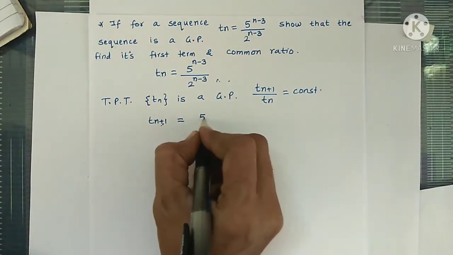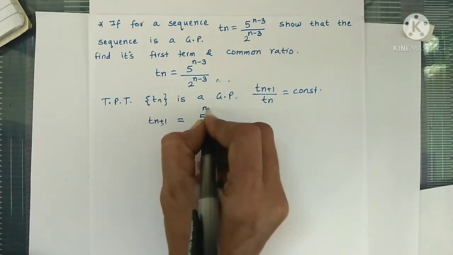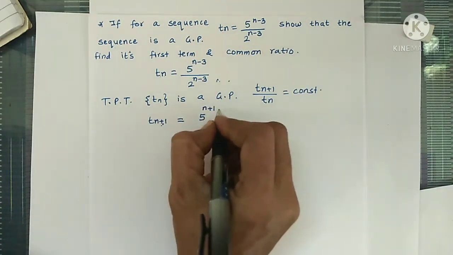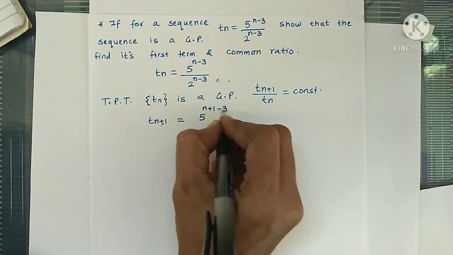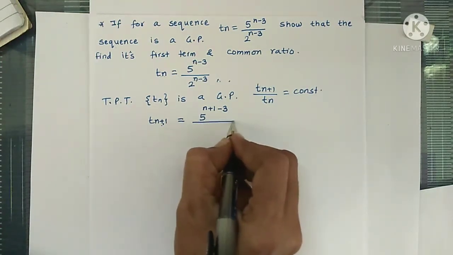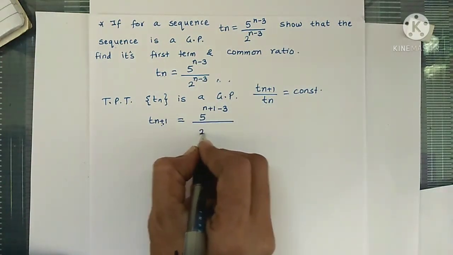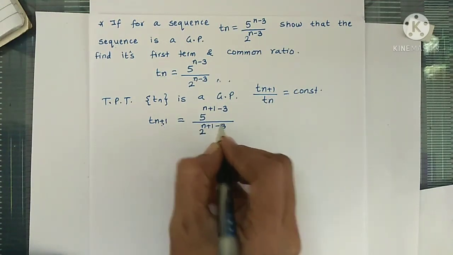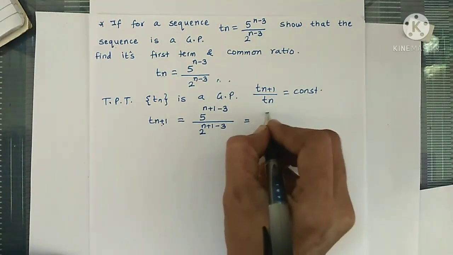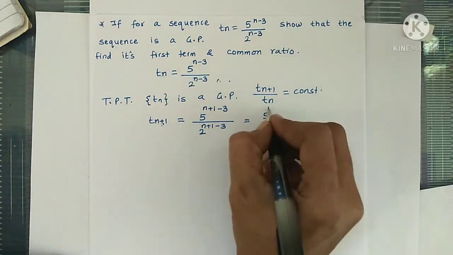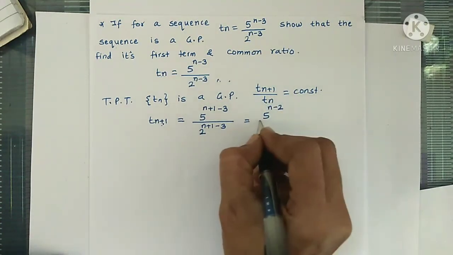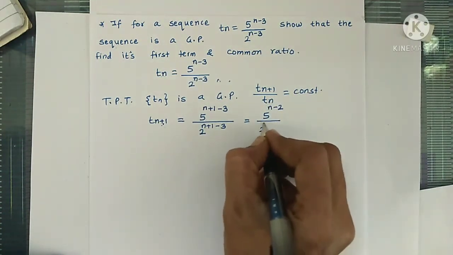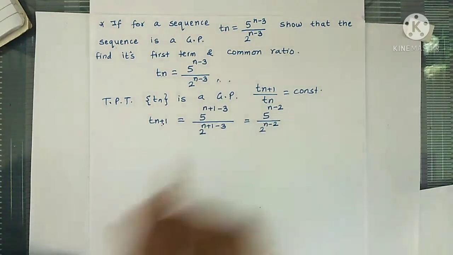So 5 raised to n, here we have to replace this n by n plus 1 minus 3 as it is. In the denominator also, replace n by n plus 1. So this is n plus 1 minus 3. So let's simplify this. So 5 raised to n minus 2 divided by 2 raised to n minus 2.